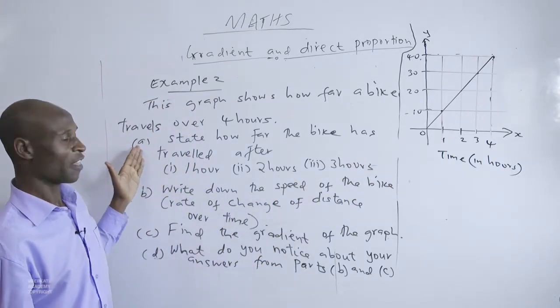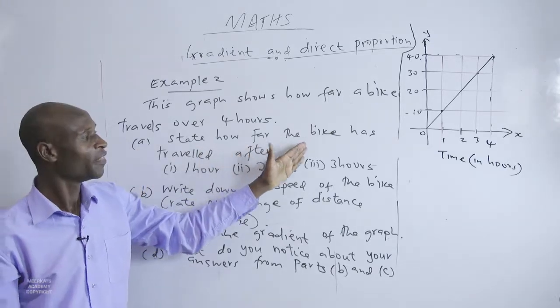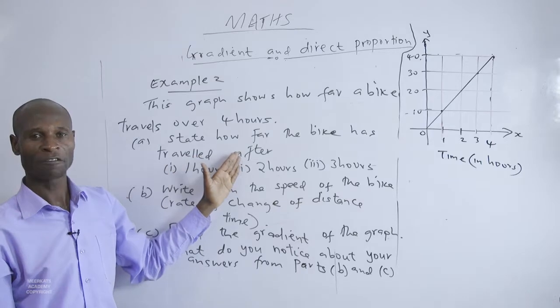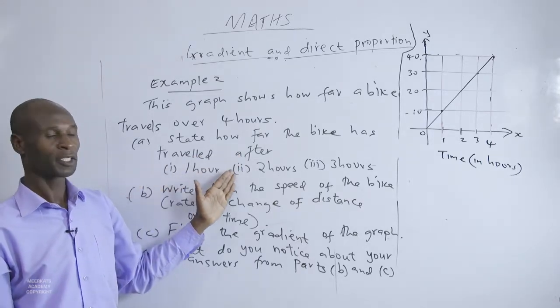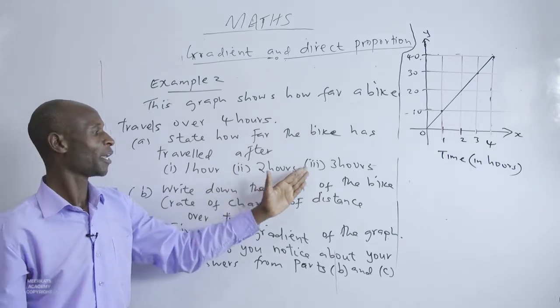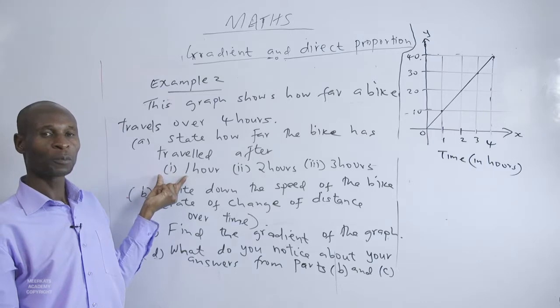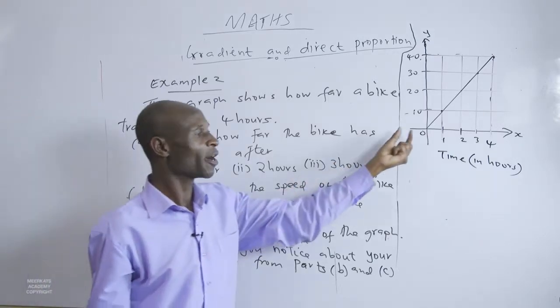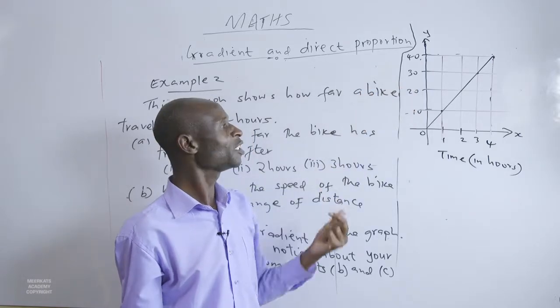The question goes further. In part A, state how far the bike has traveled after part 1, 1 hour, part 2, 2 hours, and part 3, 3 hours. So in that particular question, we are supposed to use our graph to determine the distance that has been traveled.